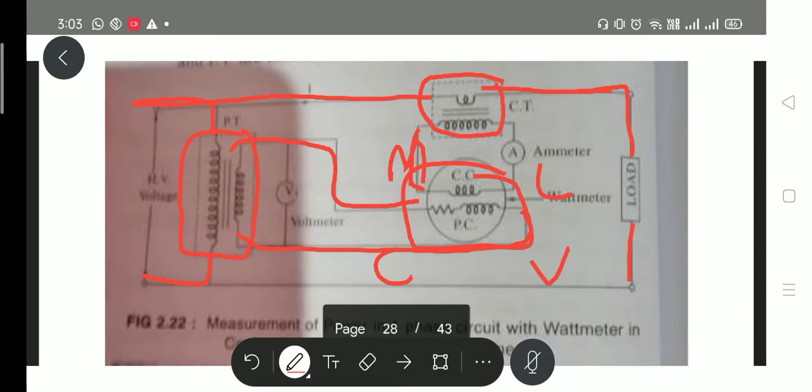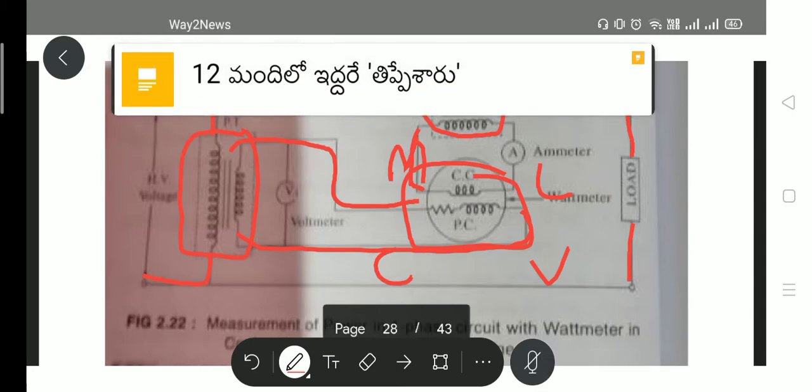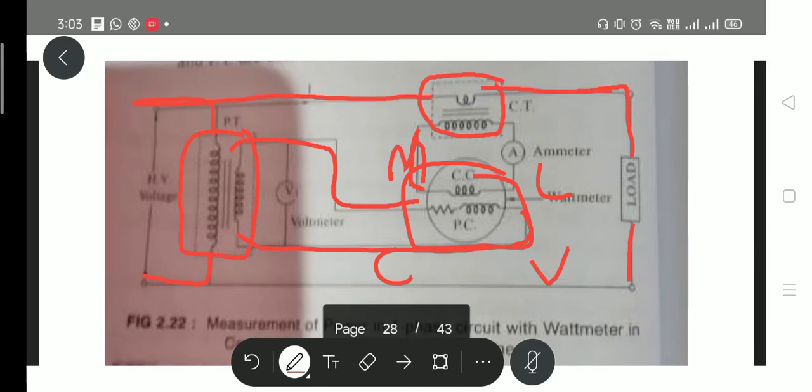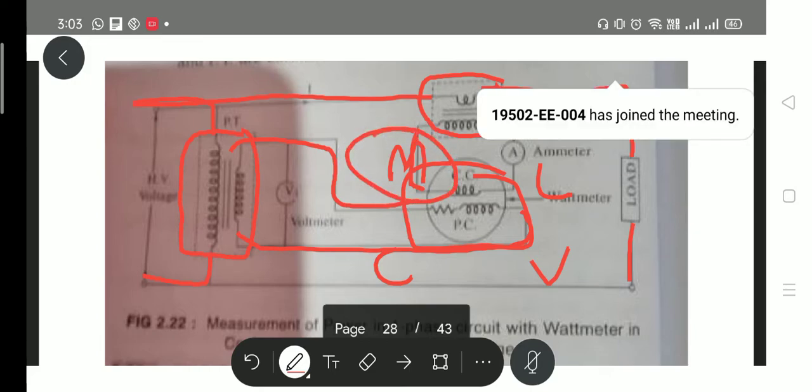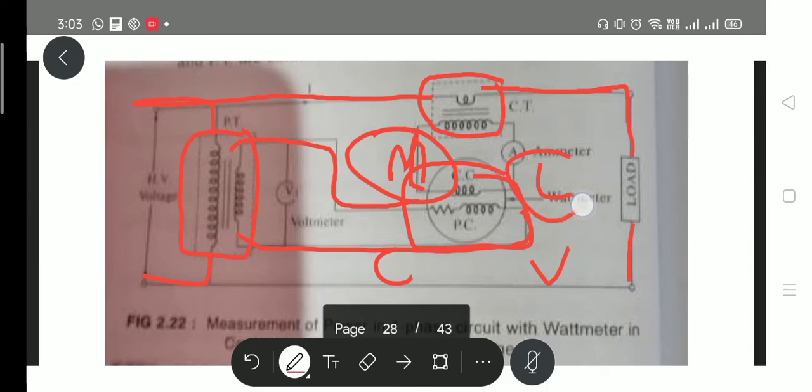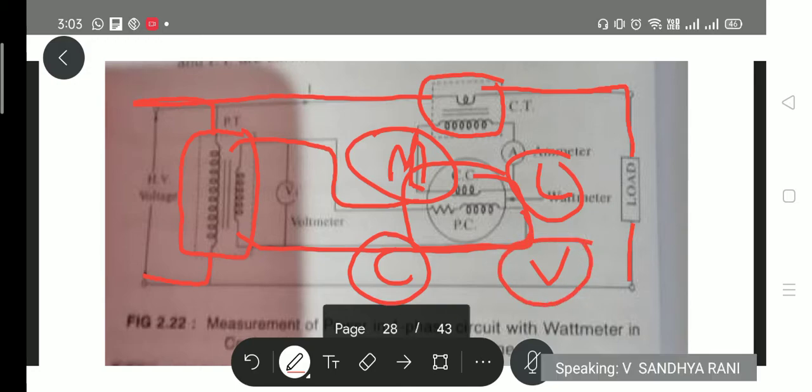In the wattmeter connection you have to see MLCV. Here M is the mutual, L is the inductor, C is the common, and V is voltage. These elements are connected in a wattmeter.